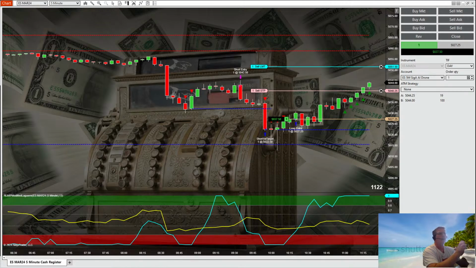Wow, that's an E-mini monster right there. Holy moly. Huge bounce back.